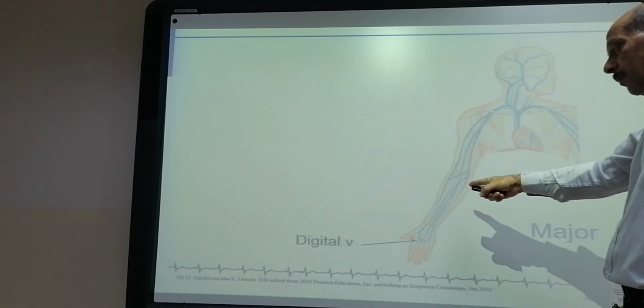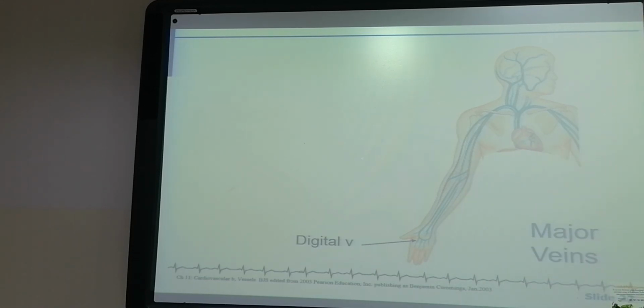About the upper extremity, starting from the digital vein here, going back to the radial vein and ulnar vein.